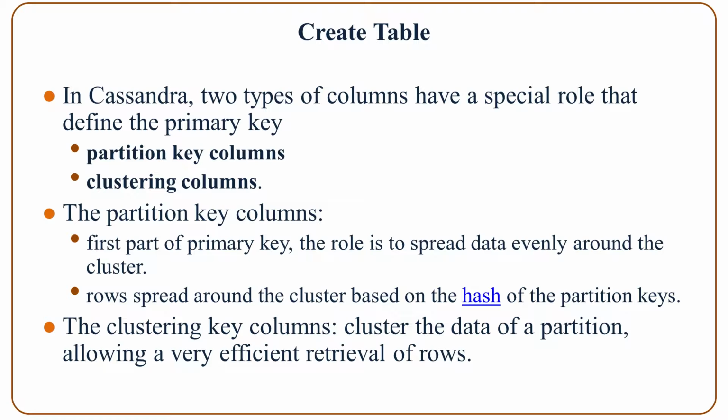The partition key columns are the first part of the primary key, and the role is to spread data evenly around the cluster, and rows will be spread around the cluster based on the hash of the partition keys. The clustering key columns are used to cluster data of a partition, allowing a very efficient retrieval of rows.